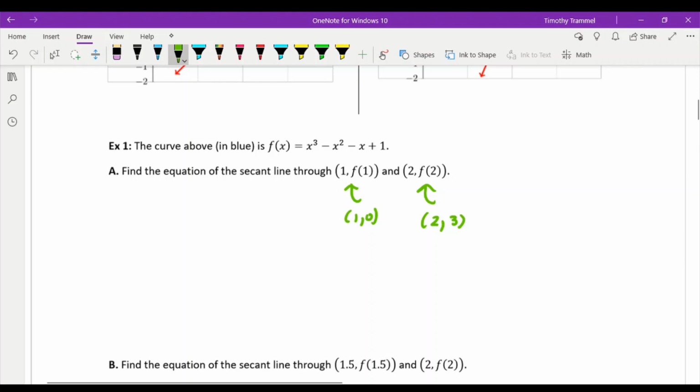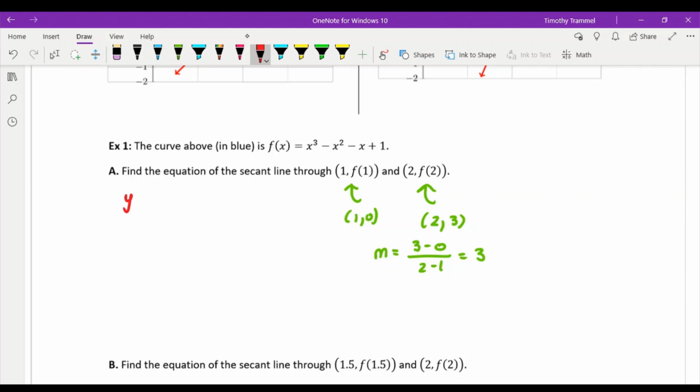And so using these two points, we can actually find our slope, change in y over change in x. And so this just gives us a slope of 3. Then I'm going to use the point slope form of the equation of a line.